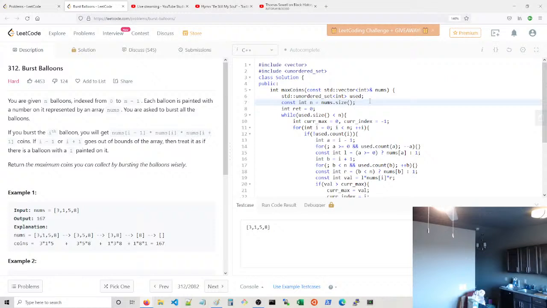Well, one idea was that maybe there's a way to do this that takes advantage of the fact that the values of the balloons themselves are between 1 and 100. Maybe there's something that can be done there.